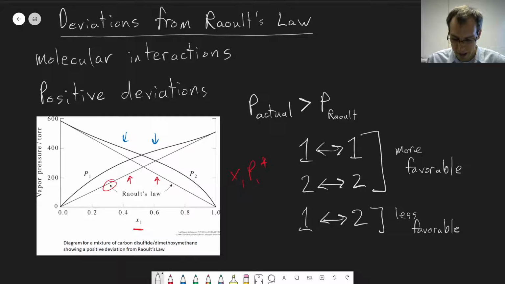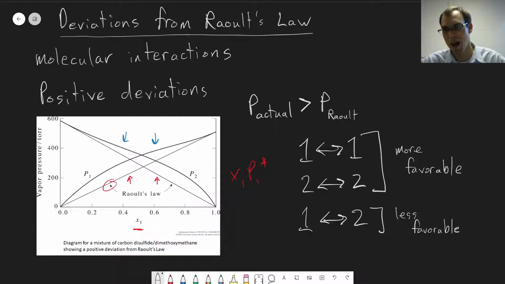Now, the fact that things would rather be with themselves, that those interactions are more favorable, right? 1 and 1 and 2 and 2. In this example, carbon disulfide would rather be with other carbon disulfide molecules than with dimethoxymethane, means that whatever's the minority component of the solution would rather just go into the gas phase.